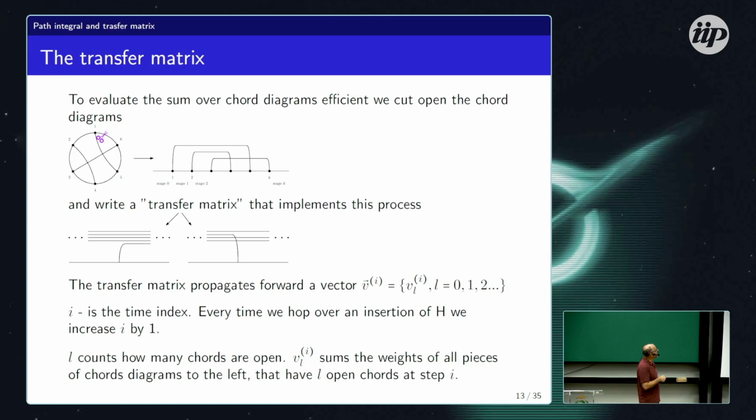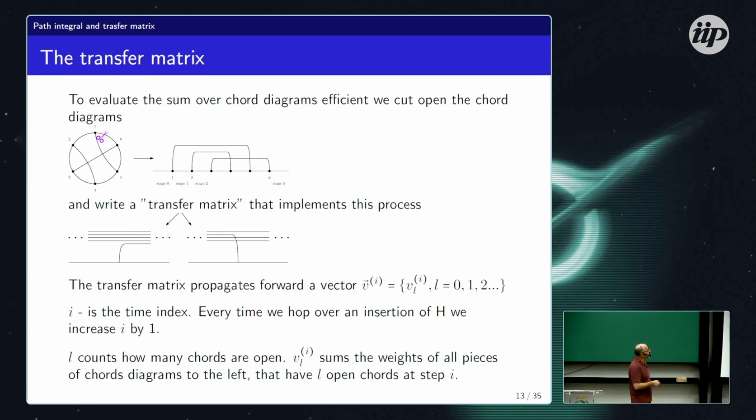So this diagram, when I go linearly, becomes this, and this is just a very simple linear process where I either add the chord, and I'll have a convention where I add it below, or you contract a chord, and then you can contract any of the chords above. And basically, I'm just going to accumulate the weights as I go along.